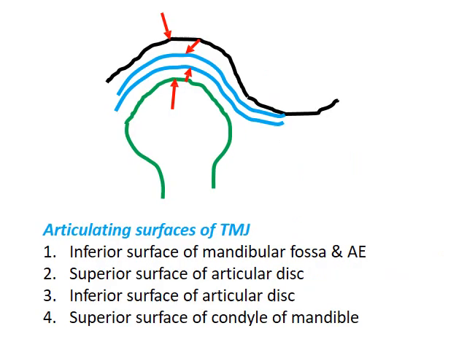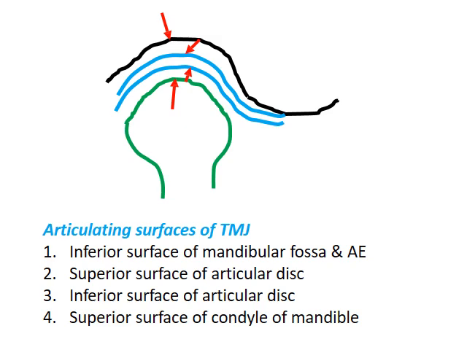Okay. Now let's talk about what are the articulating surfaces of the temporomandibular joint. Over here, we have the inferior surface of the mandibular fossa. We have discussed that this is the mandibular fossa. So the inferior surface is going to articulate, as well as the articular eminence. You can see over here, when you go down, you will see the articular eminence.